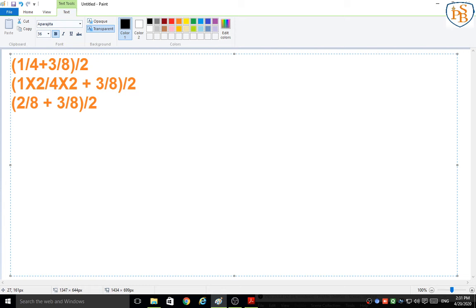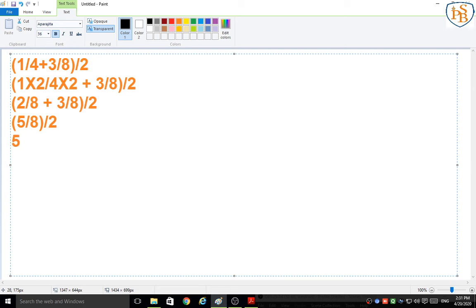Now the denominators are the same, so 2 and 3 become 5. 5 upon 8, in a bracket, again divided by 2.